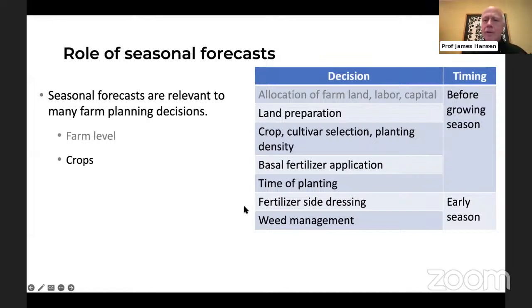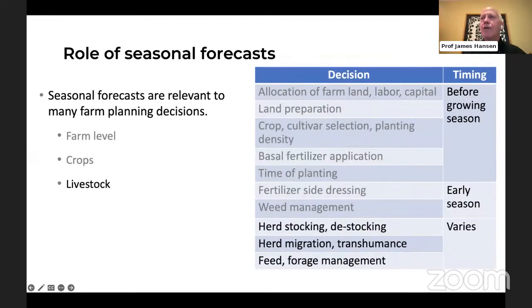But also early in the growing season, there are decisions about things like fertilizer side dressing and weed management that may also benefit from seasonal climate forecasts. In the case of livestock, the timing may vary, and some of you who work in livestock may be able to actually help fill out this table in a more systematic and a better way.